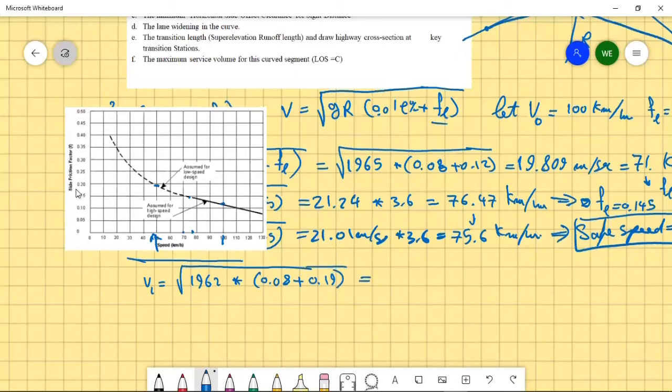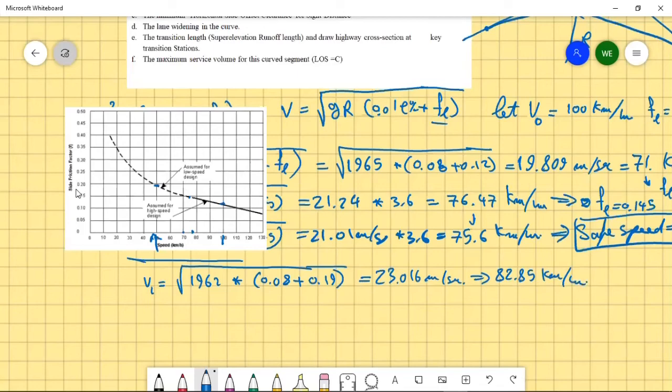So if we do that, 1962 multiply 0.27 under the root is going to be 23.016 meters per second. So this will be multiplied by 3.6, so that's 82.85 kilometers per hour.